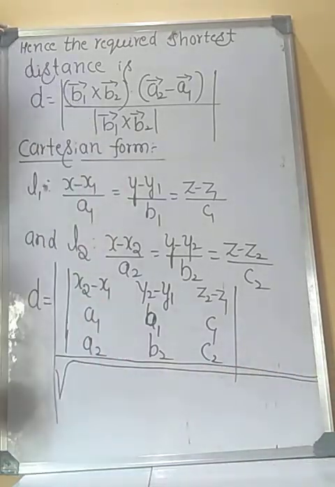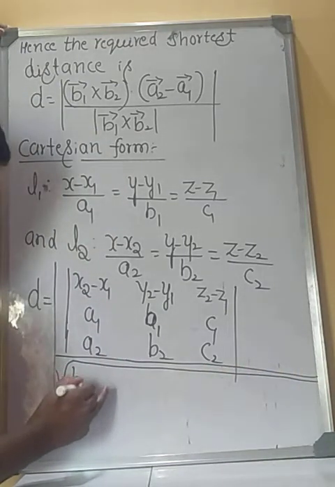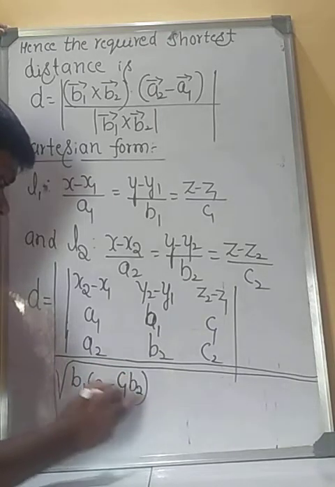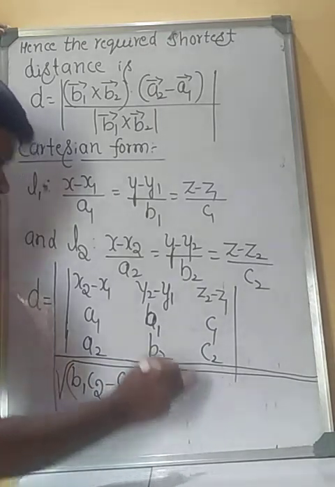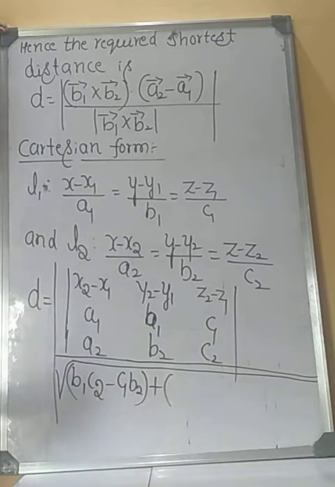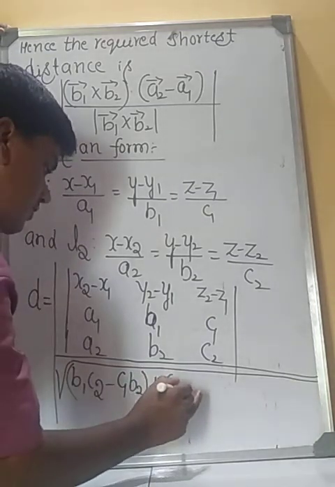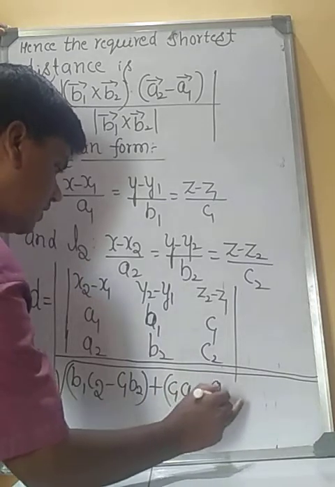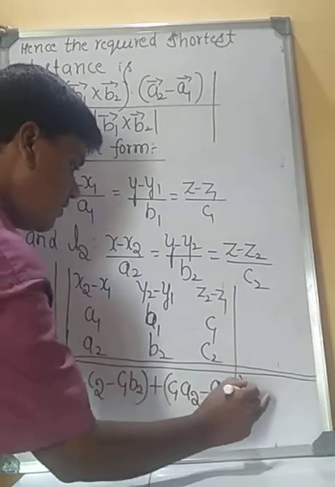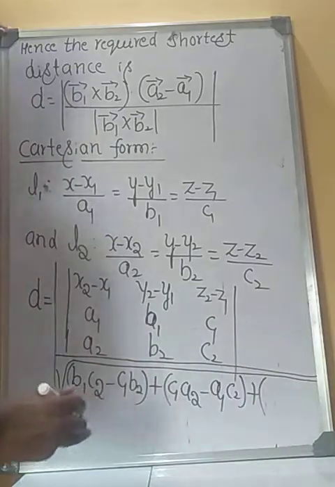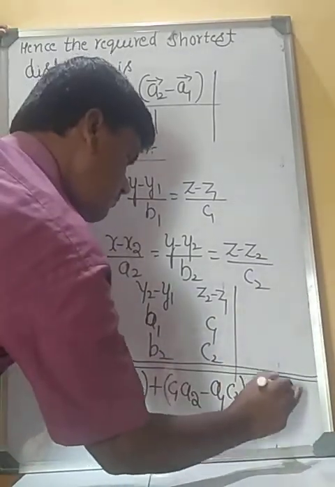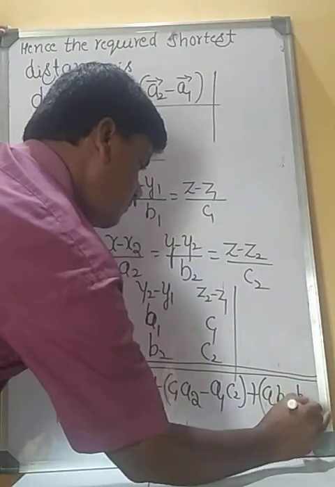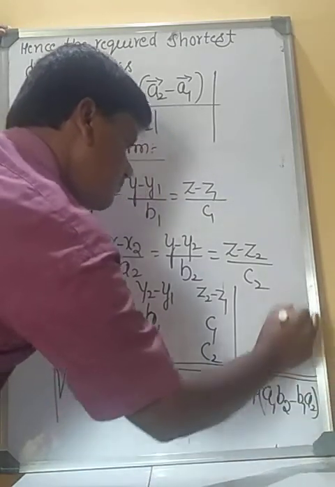the square root of b1 into c2 minus c1 into b2 plus c1 into a2 minus a1 into c2 plus a1 b2 minus b1 a2.